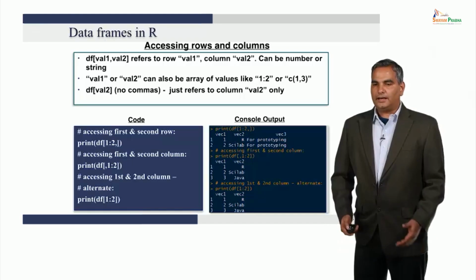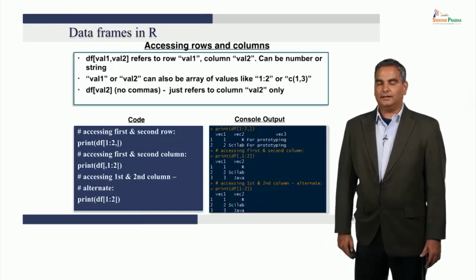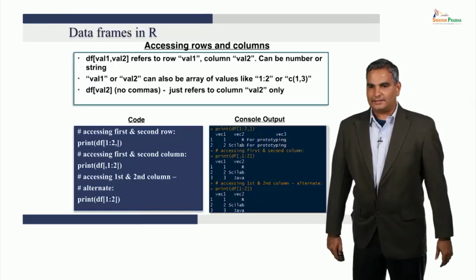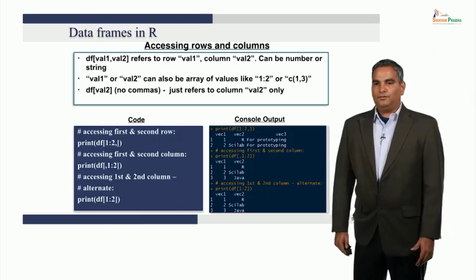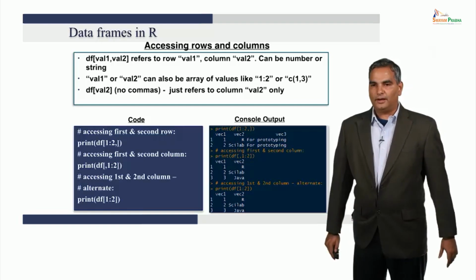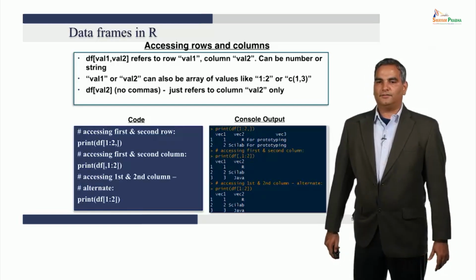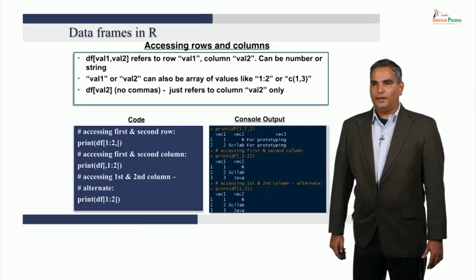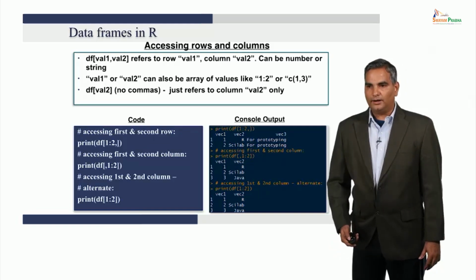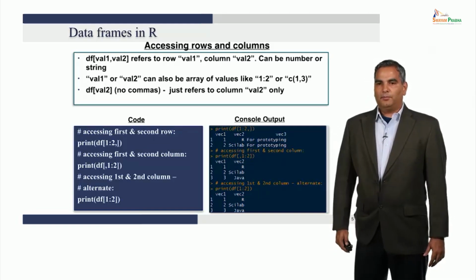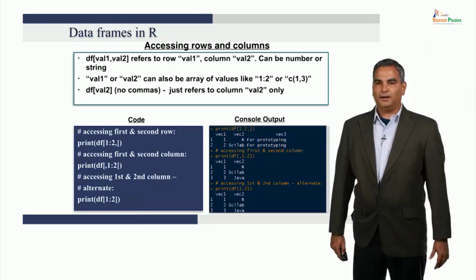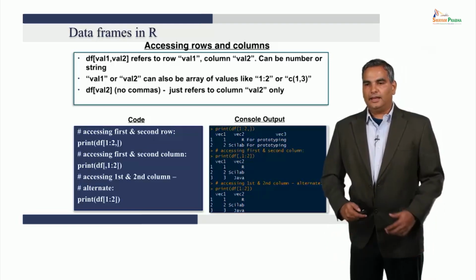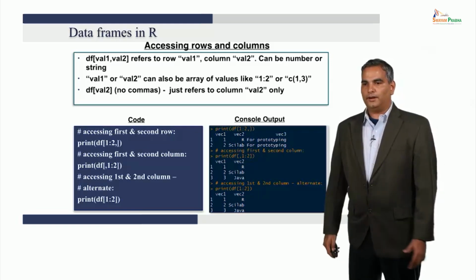Now, much like how we talked about accessing lists, you need to access data frames, and the syntax is very, very simple. If you just give only one value and access it, it always refers to a column. So for example, if you just said df[1], it will refer to the first column. But if you had 2 elements separated by a comma in the way you're accessing, then it would mean row followed by a column.